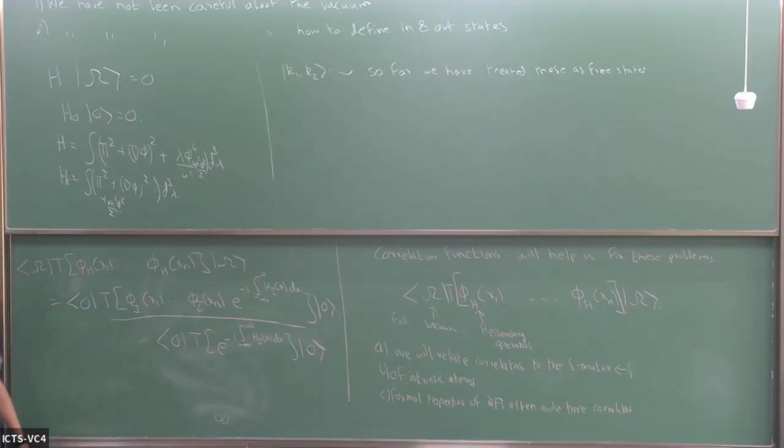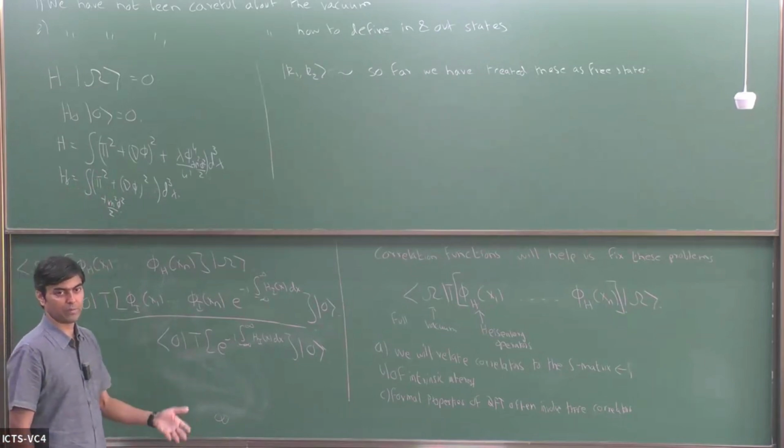First of all, this formula relates something in the true interacting vacuum to something in the free vacuum. In fact, if we didn't have a formula of this kind, we'd be in some trouble because we wouldn't quite know how to do perturbation theory. The reason we started with this naive approach was because we knew how to do perturbation theory if the external states were the free vacuum. So what this is telling us is that what we did so far is not useless. All the Feynman rules and so on that we developed are not useless.